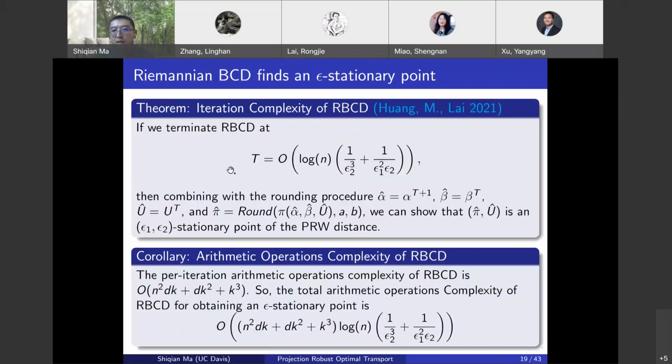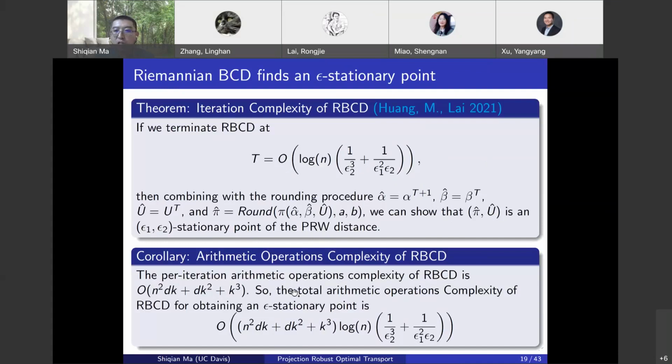Then this is our main convergence result. The first one is about the iteration complexity. We can show that if we run our Riemannian BCD algorithm for this many iterations, we find an epsilon 1, epsilon 2 stationary point of the original, unregularized projection robust Wasserstein distance problem.